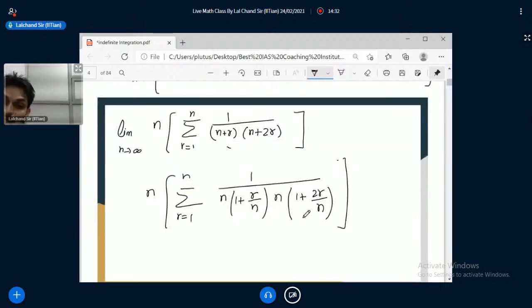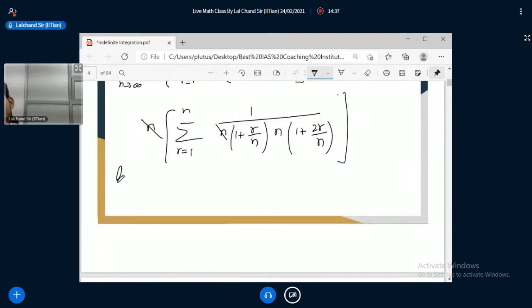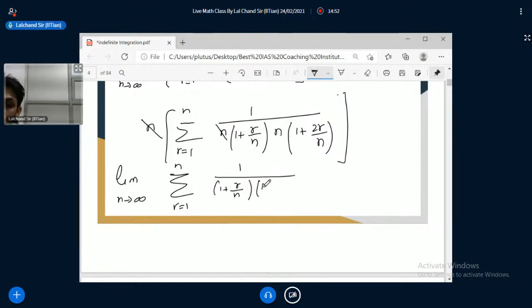So this n gets cancelled, and this is finally limit n tends to infinity sigma of r from 1 to n, 1 upon 1 plus r by n, 1 plus 2r by n, and this is 1 by n.